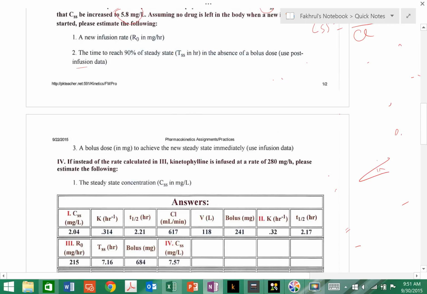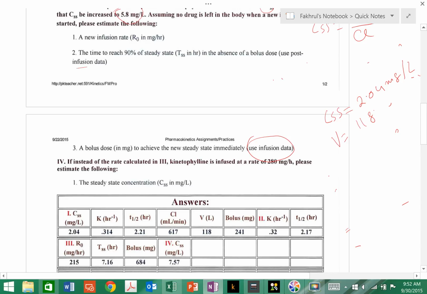You see, a bolus dose in milligram to achieve the new steady state immediately. This question asks use infusion data. So the steady state concentration in infusion, CSS, was 2.04 milligram per liter, and then for bolus dose you have to use volume of distribution, V, which is 118, but it doesn't make sense.